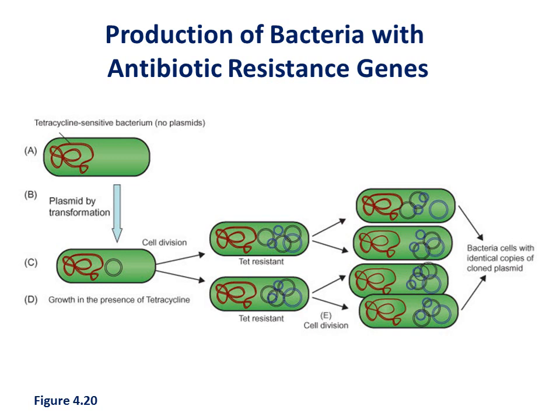So how is it that we had these antibiotic resistance genes found in the Shigella bacterium? Well, if you have a bacteria that is sensitive to a particular antibiotic, in this case tetracycline, we know that this particular bacteria has no plasmids.